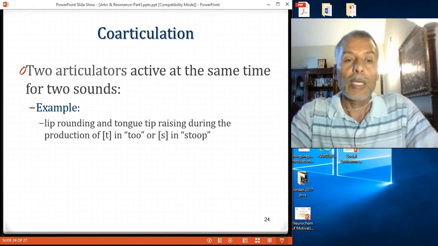if you want to say the word "two," the U is rounded and protruded. T is neutral.